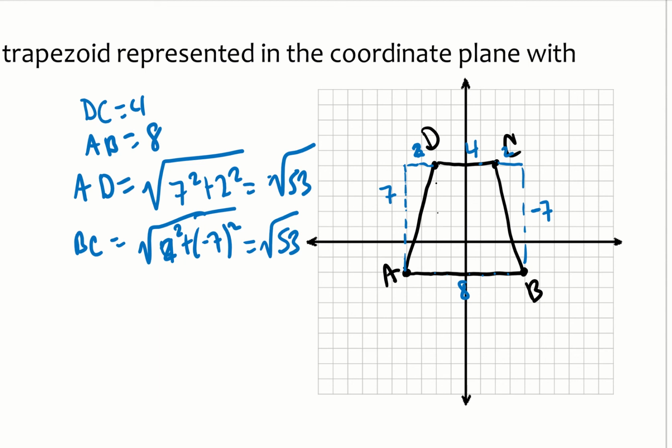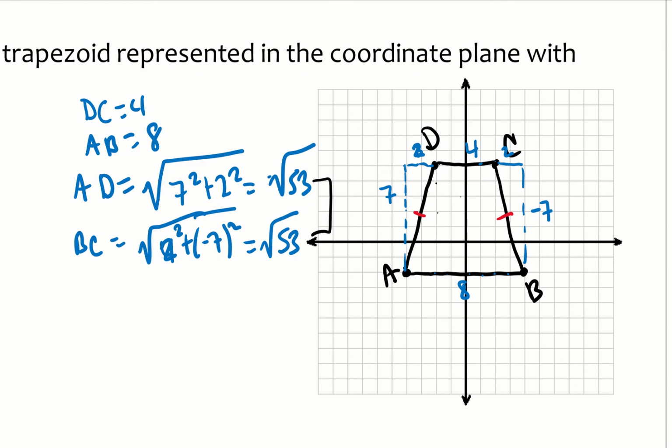So these are the same. That means that this is an isosceles trapezoid. Not that we're concerned about classifying it, but if you were asked if this is an isosceles trapezoid or not, you would say yes, because these are congruent. The sides that are not parallel, that are congruent, are what make the trapezoid isosceles.